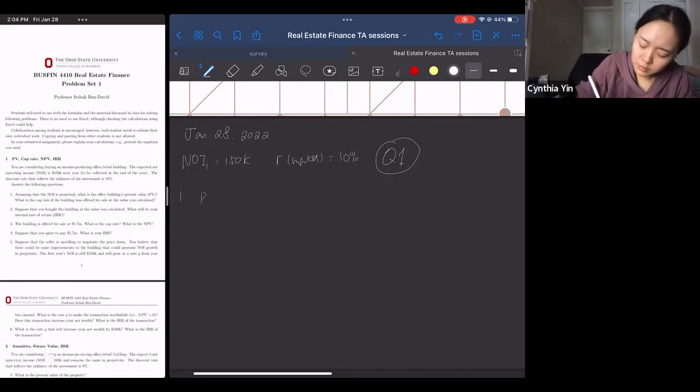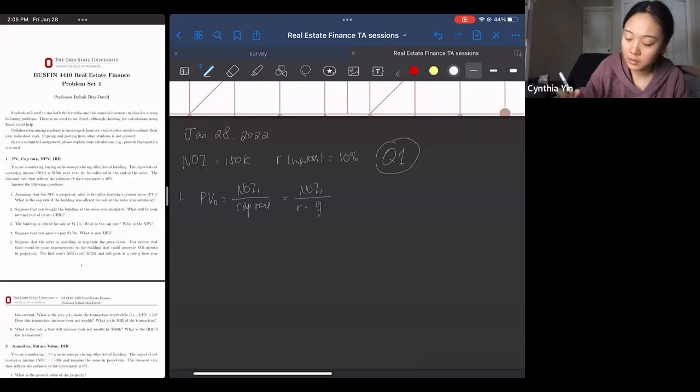PV is just the perpetuity formula: the present value at time 0 equals next period NOI divided by the cap rate, or NOI divided by R minus G. In this question, NOI is 150K, R is 10%, and there's no growth, so growth is 0%. It gives you 1.5 million.